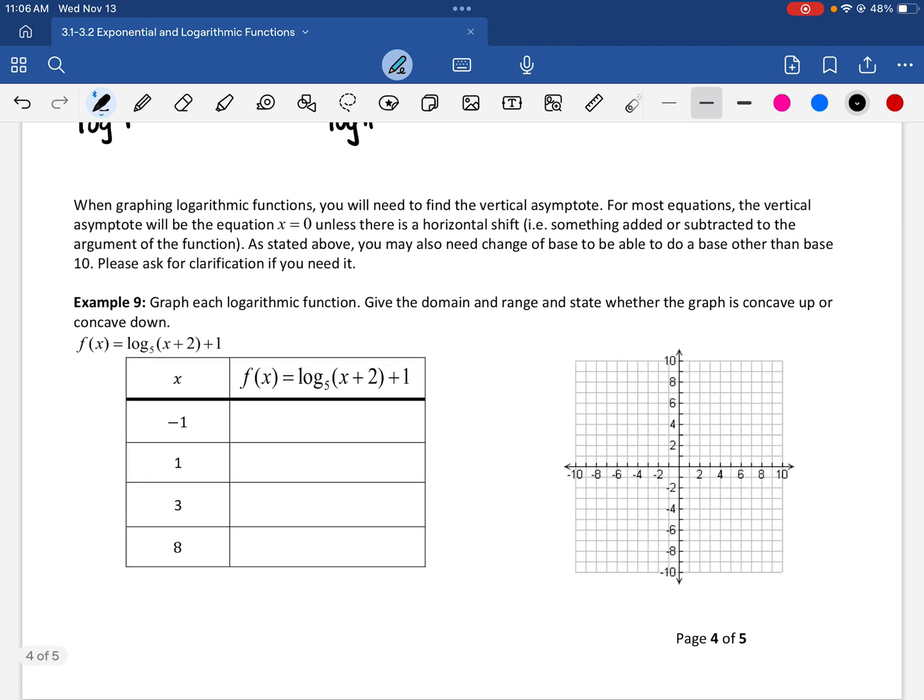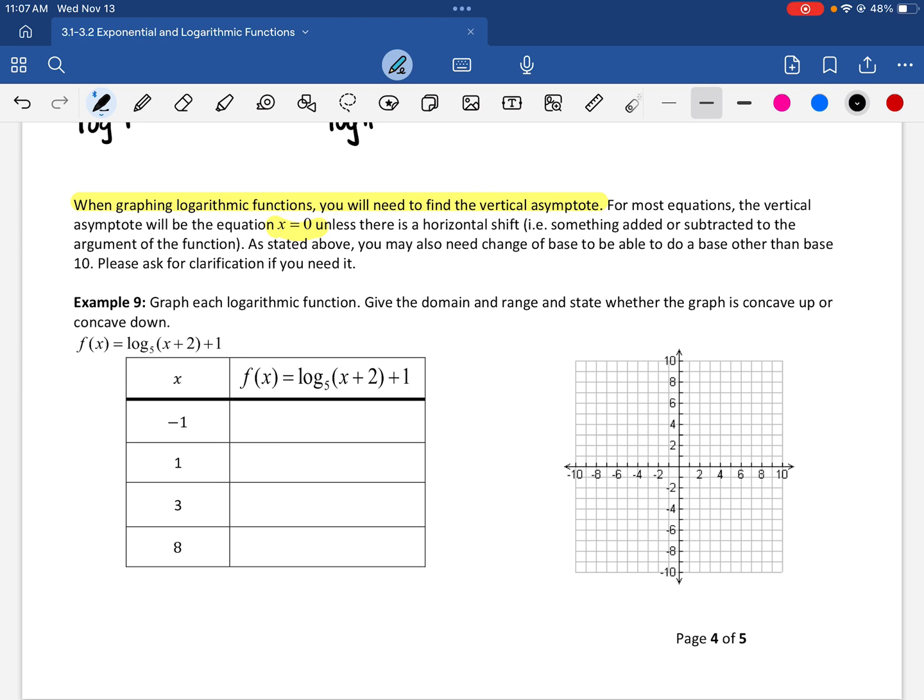When graphing logarithmic functions, you will need to find the vertical asymptote. This again kind of proves the idea that exponentials and logs are inverses, because exponentials have horizontal asymptotes, and logs are going to have vertical asymptotes. For most equations, the vertical asymptote will be x equals 0, unless you have a horizontal shift, something that is added or subtracted to the argument of the function, inside of those parentheses.